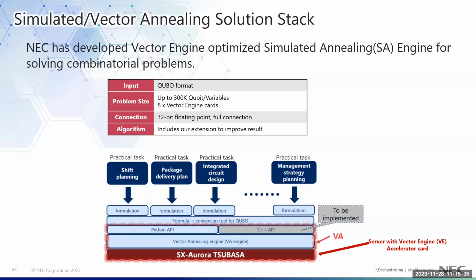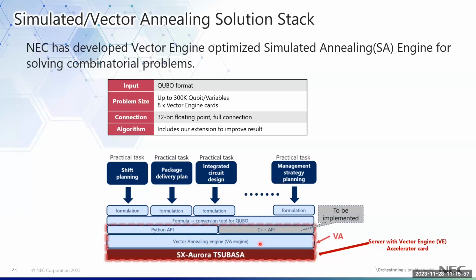Under the hood, within this vector annealer engine, for everybody who is well versed with HPC concepts, we are using MPI, the message passing interface, to communicate between the cards, and that is how we are able to retain the full connectivity.